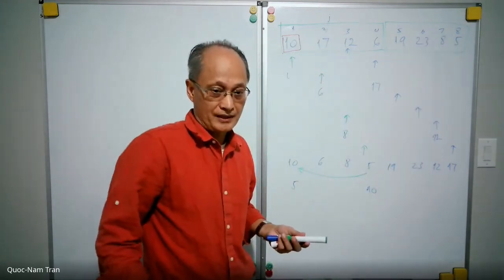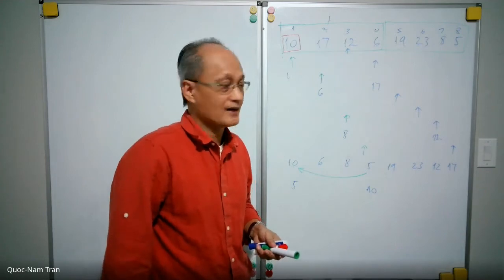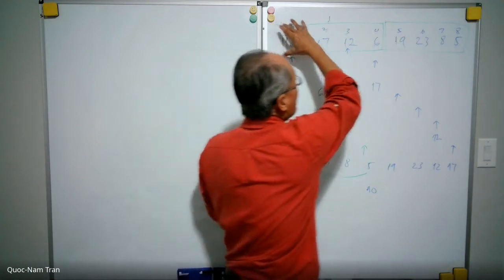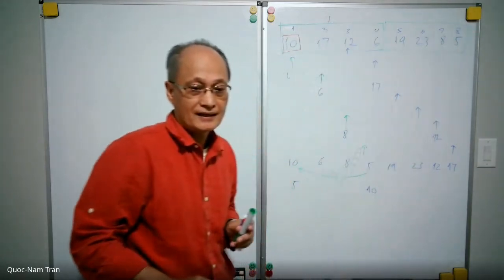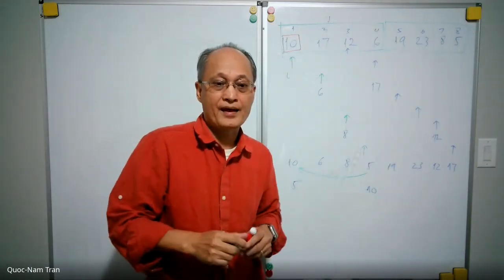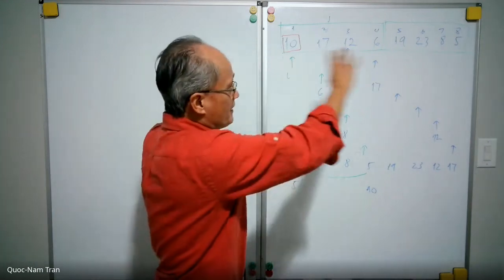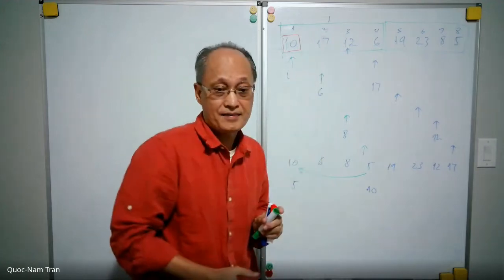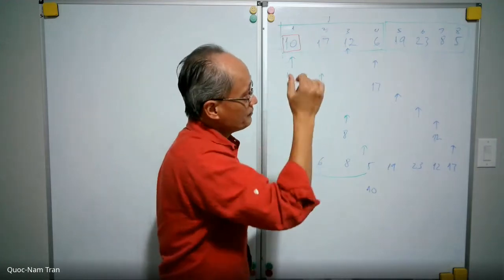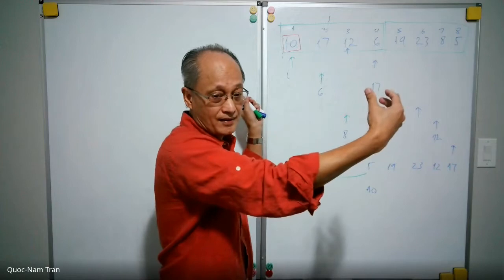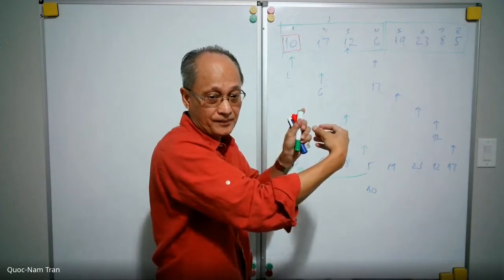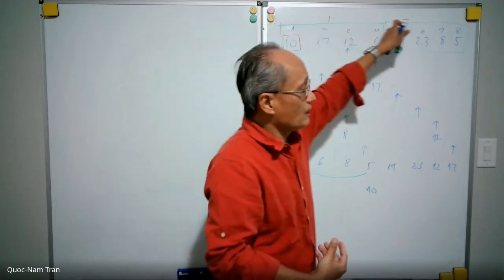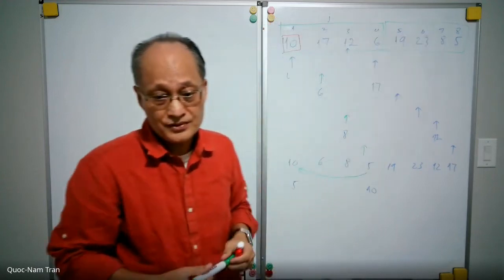How can we merge them? Can we merge the result using the same array that we start with? Given an array of elements, right? Cut it in half, merge sort the left, merge sort the right, merge them. Can we just use the original array for that purpose?